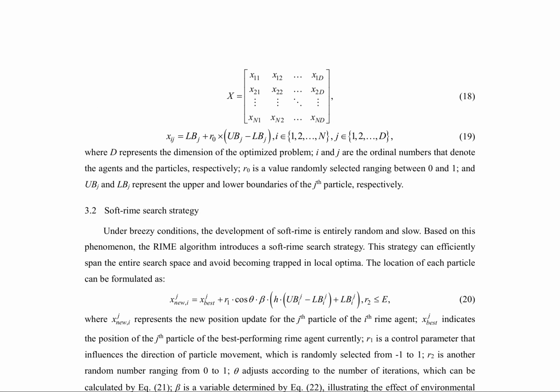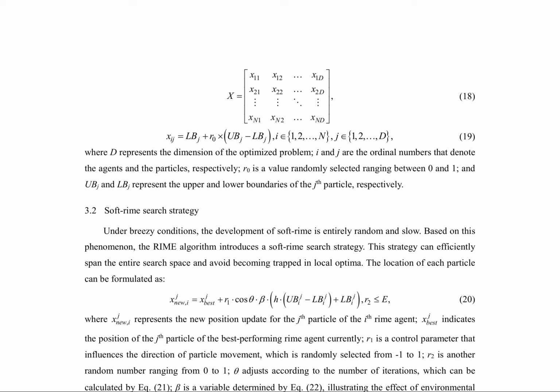The RIME algorithm, inspired by the formation of RIME ice, introduces 2 key strategies: soft RIME search and hard RIME puncture mechanism. Soft RIME search, modeled after the slow and random development of soft RIME under breezy conditions, efficiently spans the entire search space and avoids local optima.